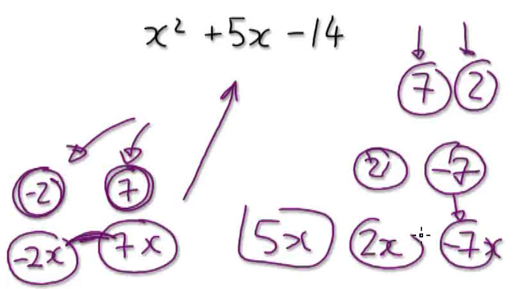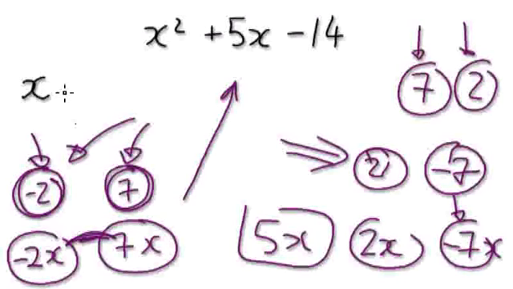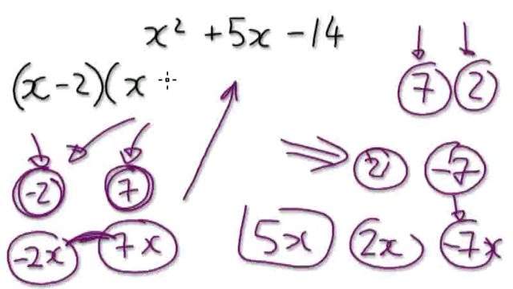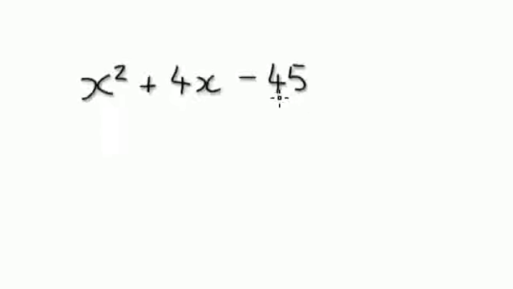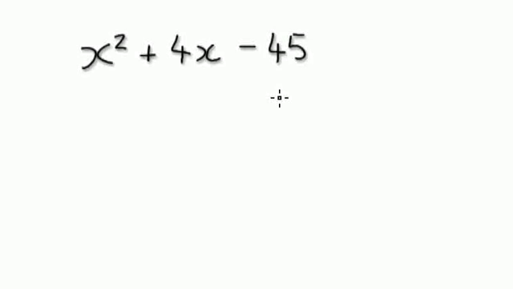When you merge these two together, it will give you minus 5x. So this here is not a good option. This is a better option. So your answer would be x minus 2, and then x plus 7. So when you're given this here, this will be your answer. Just watch some more examples, and then hopefully you get the hang of it.